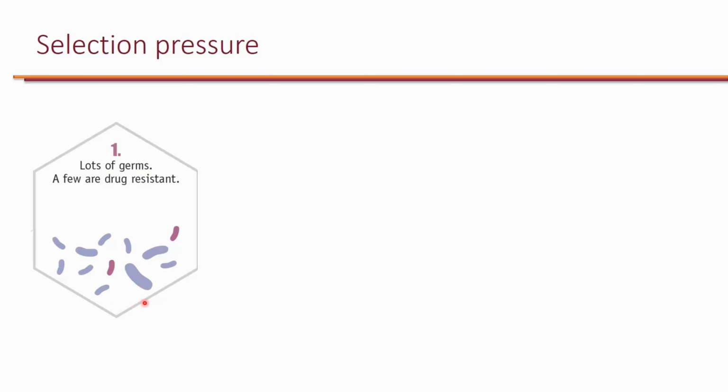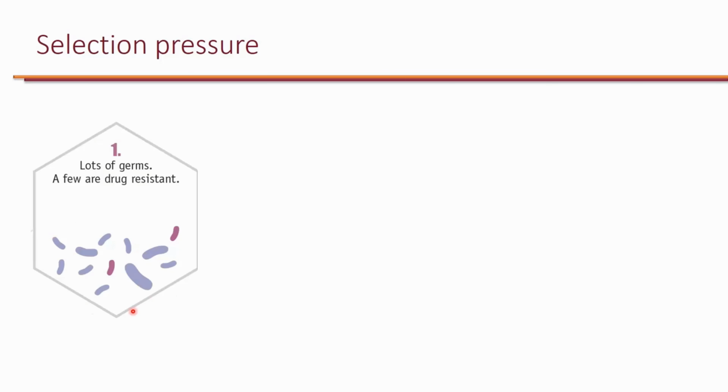Now, whether colonized or as part of normal flora, bacteria occasionally can have resistance genes. So let's say the red bacteria here are resistant to antibiotics and the blue ones are susceptible. And keep in mind that this is just part of the flora, not necessarily an infection.